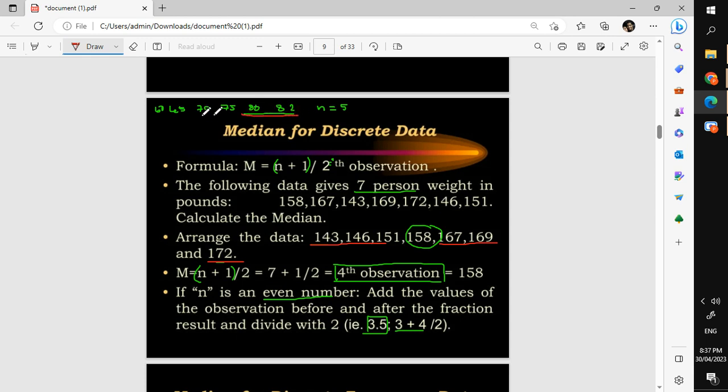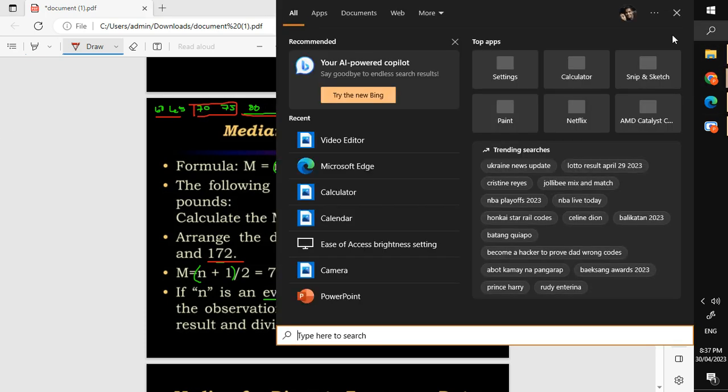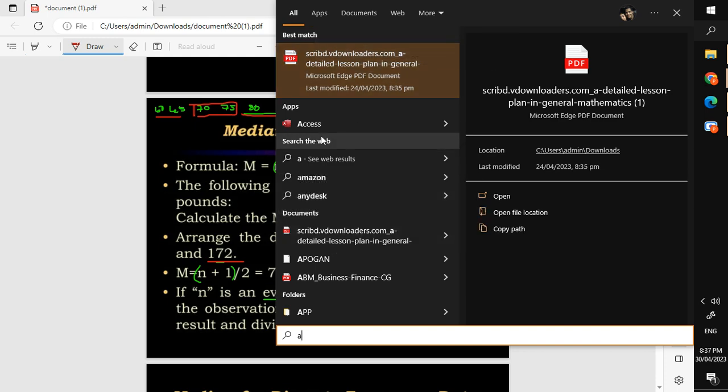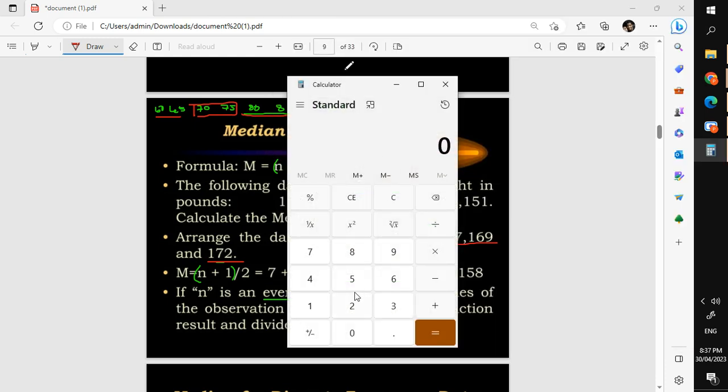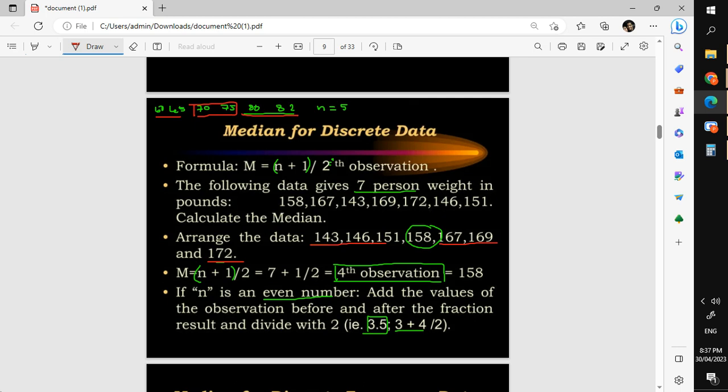Ang naa sa tunga nimo na values are 70 and 75. Even na siya kay 1, 2, 3, 4, 5, 6 man. So, imong buhaton is to add 70 plus 75 divided by 2. That gives you 72.5 is the value of your median.